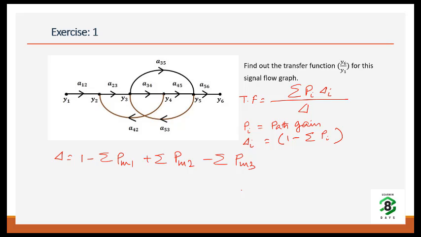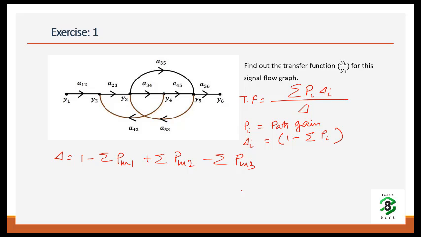Pm2 is the product of combinations of two non-touching loops. If you have two or more non-touching loops in the system, then you have to take all possible combinations of non-touching loops. Similarly, Pm3 is the product of loop gains of three non-touching loops and all combinations.